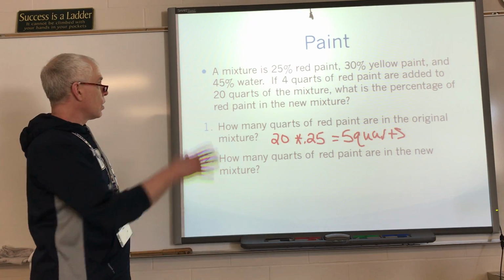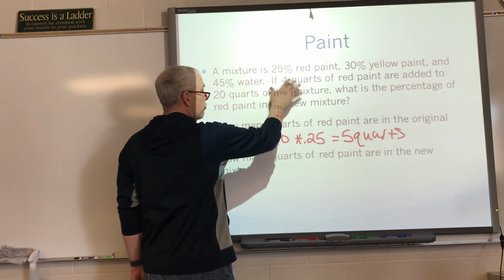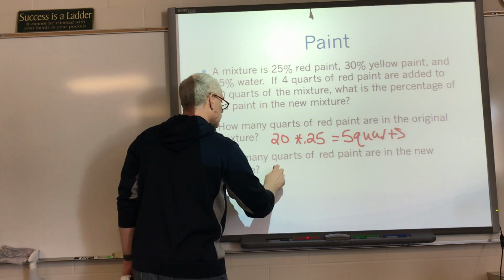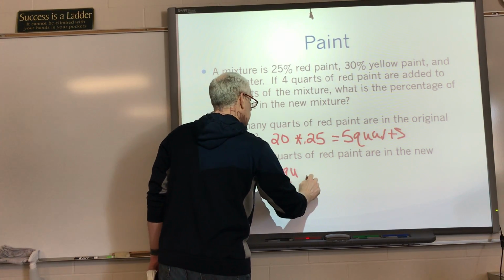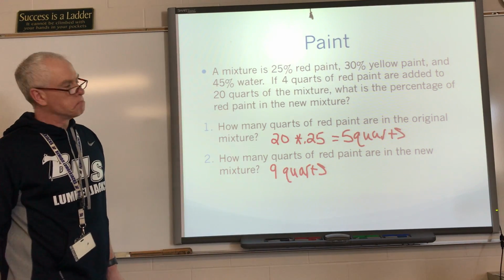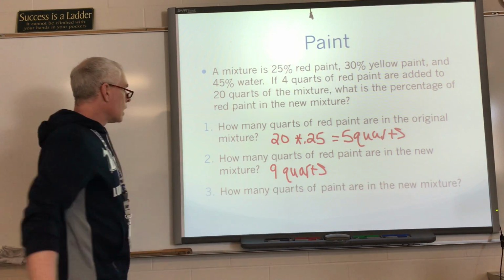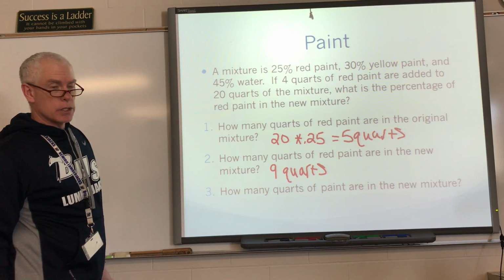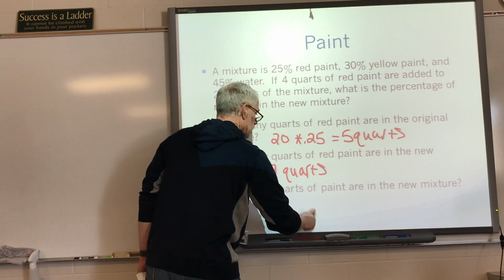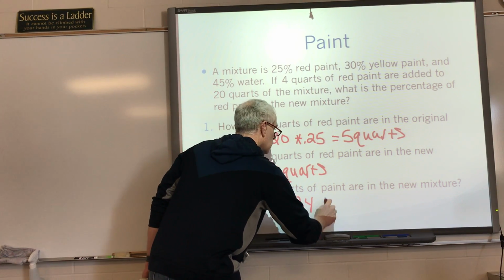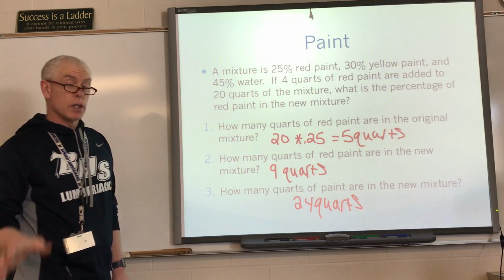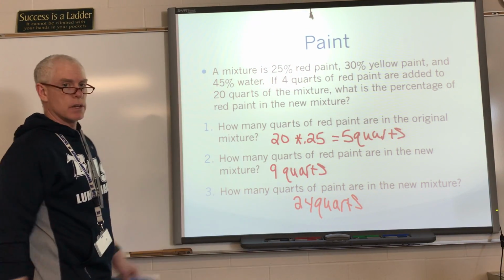Well, we had 5 quarts of red paint, and we added 4 quarts of red paint. We have 9 quarts of red paint in the new mixture. How many quarts of paint are in the new mixture? Well, the original mixture had 20 quarts. We added 4 quarts. Now we're at 24 quarts of paint, including all of the different colors.